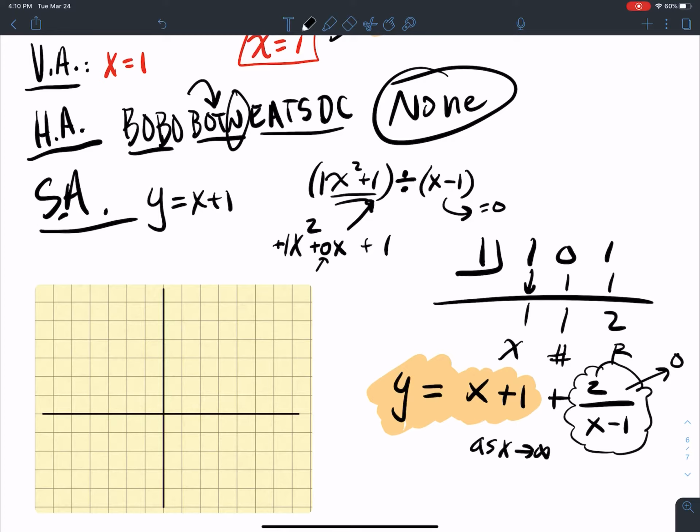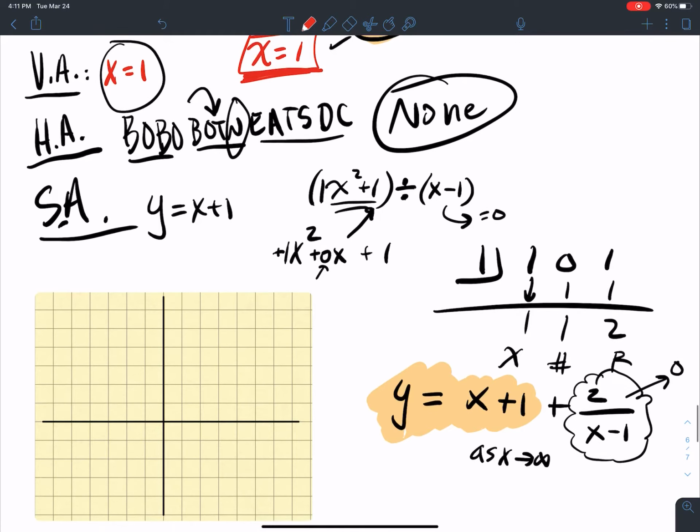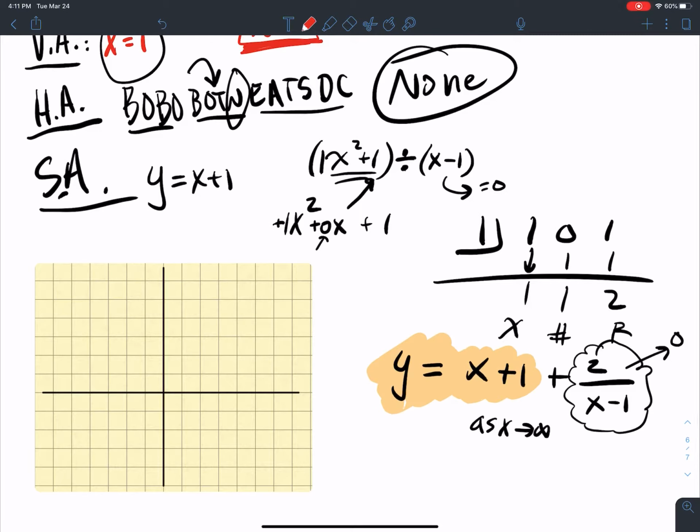All right, guys. So what are we doing here? Well, we know we've got a vertical asymptote. Red means don't cross that stop sign, right? Don't speed through a red light. So we're never going to cross this vertical line at x equals 1.